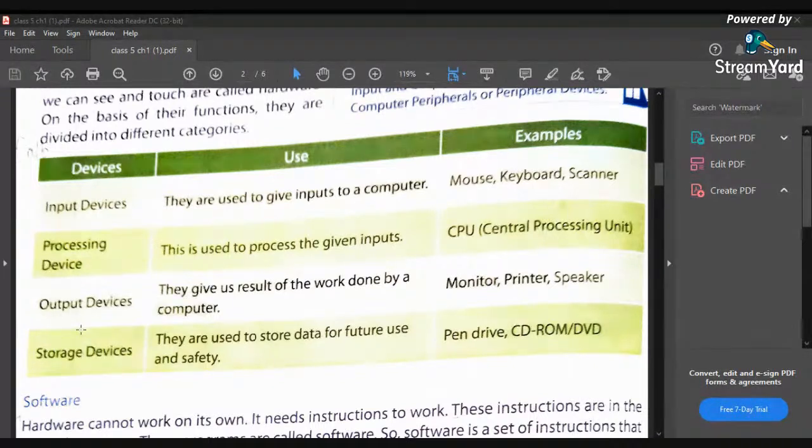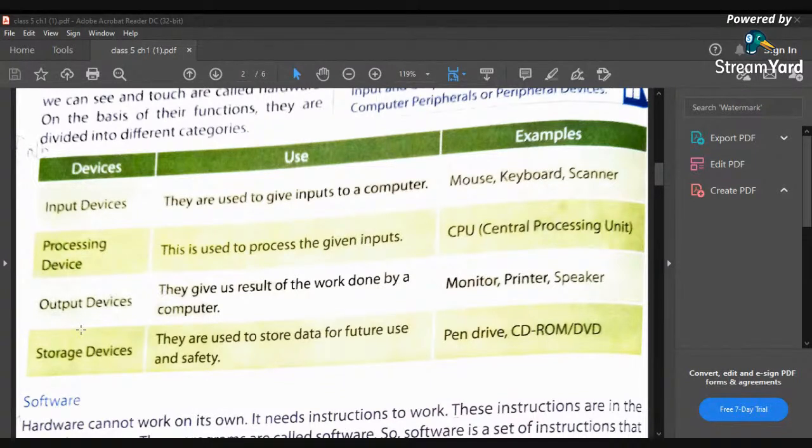These are all examples of hardware devices.